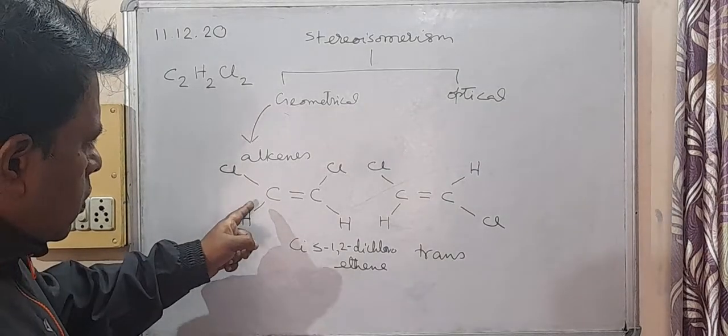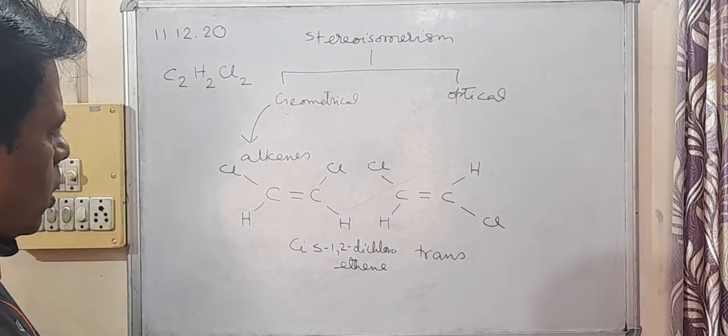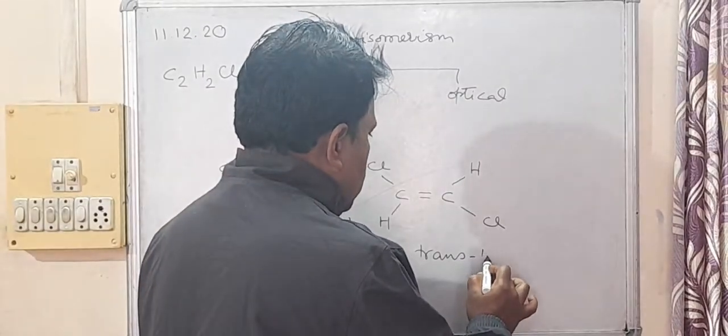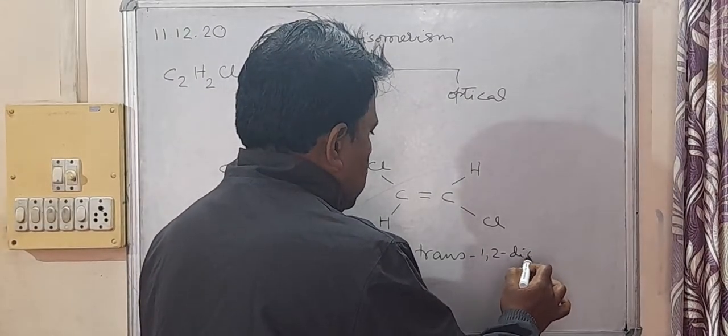This is cis-1,2-dichloroethene. This one will be trans-1,2-dichloroethene.